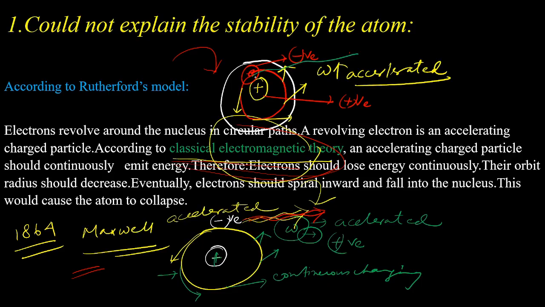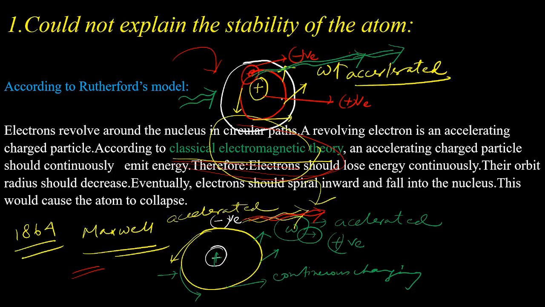So applying the theory of Maxwell to Rutherford's atomic model, electrons in Rutherford's atomic model are releasing energy continuously, as they can rotate around the nucleus in any circular path.